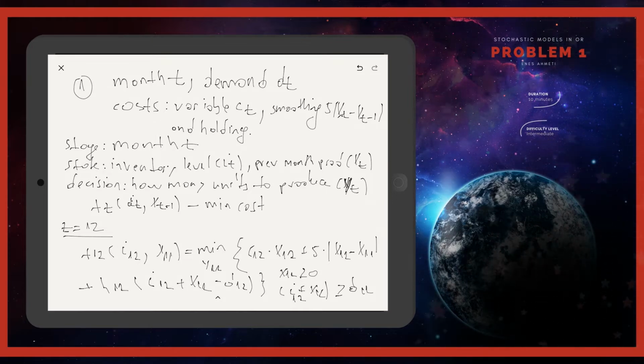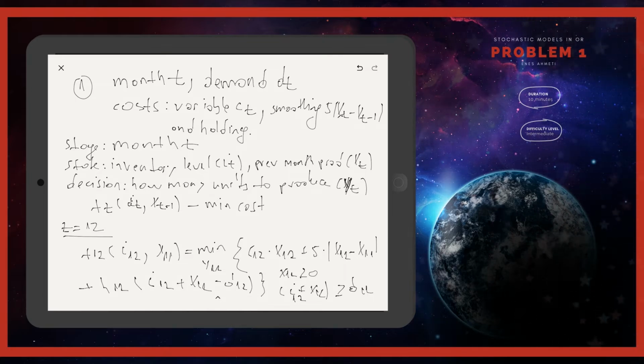So I have I12 and I'm producing some extra X12 units, but these should be larger or equal to D12 because I need to satisfy my demand during that month. Okay, so this is for the last month. So this is the end of the problem.